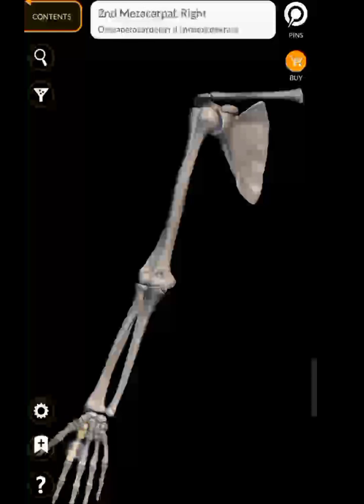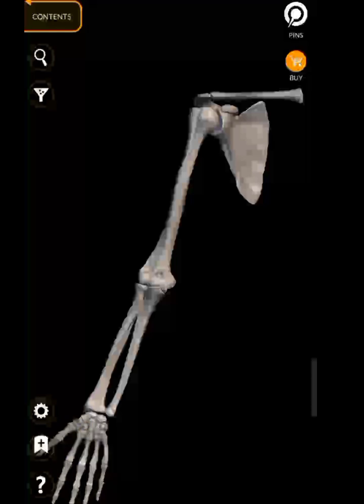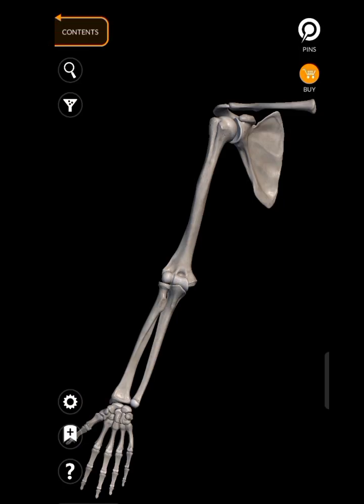So basically these are the types of bones of the upper limb. Now let's study each bone separately. First, the clavicle.